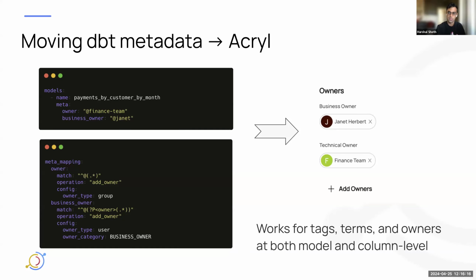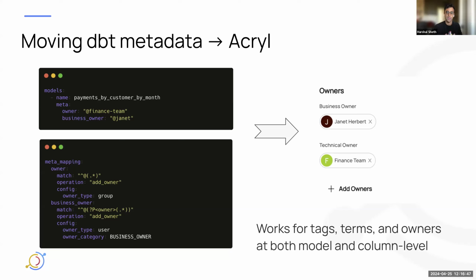If you need to do minor transformations on them, we have a configuration section, which is the bottom screenshot that shows exactly how you can do those transformations. And then it shows up in the Acral interface as ownership or as tags or terms. And this works both at the model level or the snapshot source, whatever you're using, as well as at the column level for all of those things.